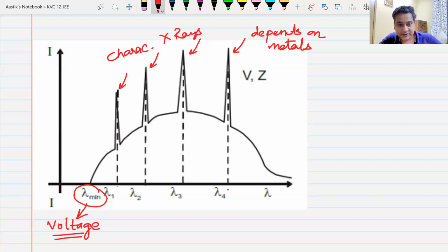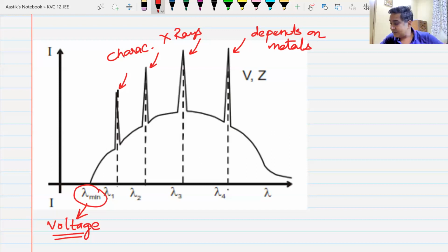Do we understand this? Yes. It will be of no use. So I get disappointed because lambda min depends on the operating voltage. Do we understand this? Yes, sir. Please remember this.